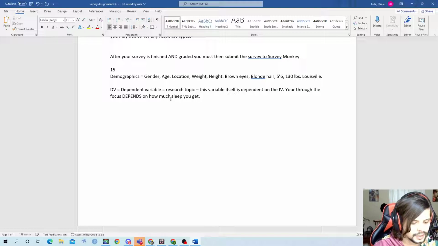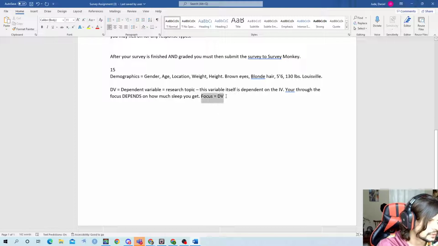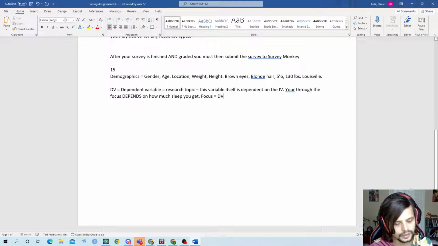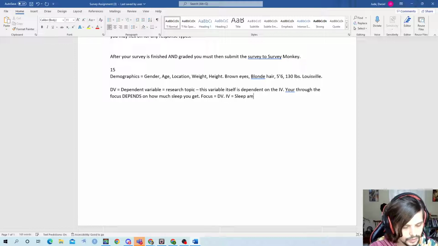In this case, focus is your DV because your focus depends on how much sleep you get. How much sleep you get is standalone in this case. So your independent variable would be sleep amount.